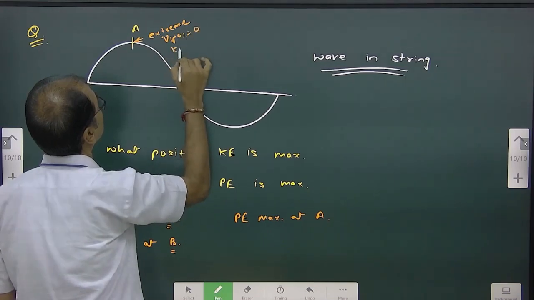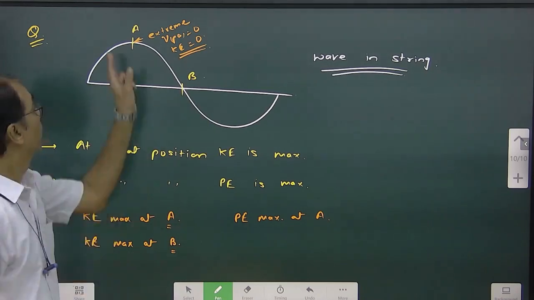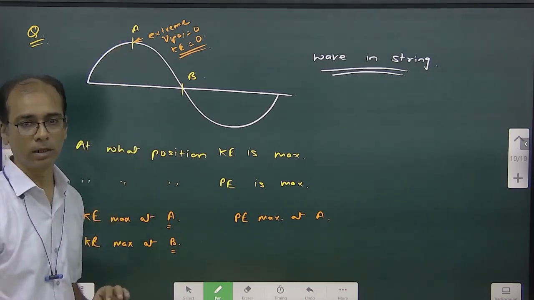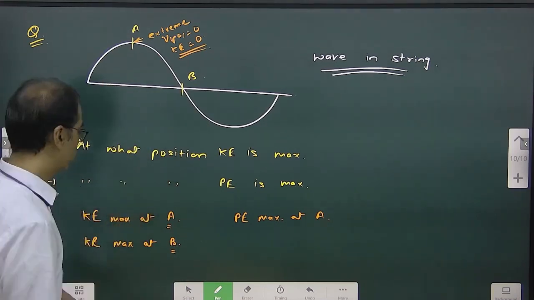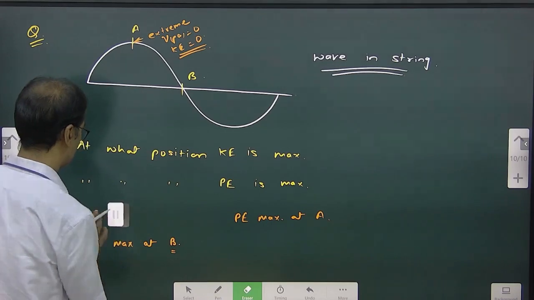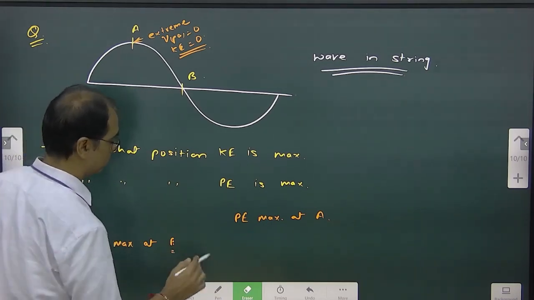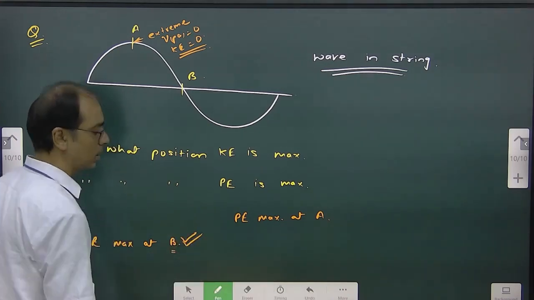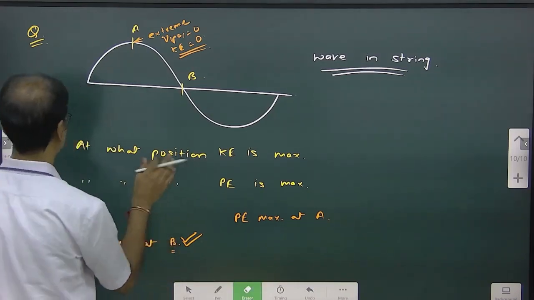So kinetic energy at A is 0. When A will come over here, then it will have maximum kinetic energy. But at the moment, its kinetic energy is 0. So we don't have this as the answer. Kinetic energy at B is correct. Okay, fine. This is kinetic energy.